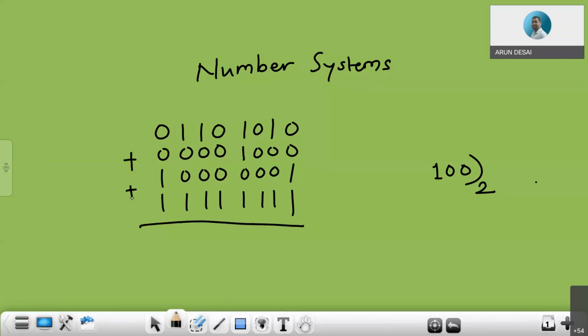Try to add those numbers. I think four numbers are there. Those are binary numbers. Try to add this and tell me the result.